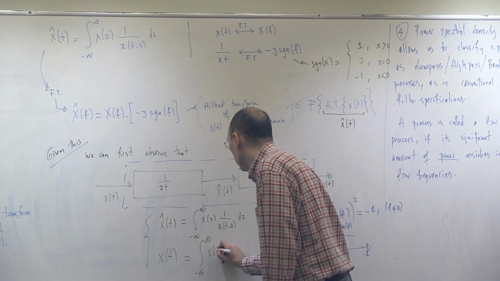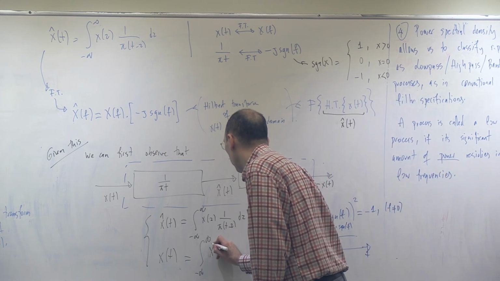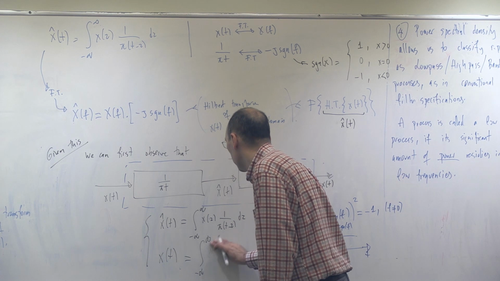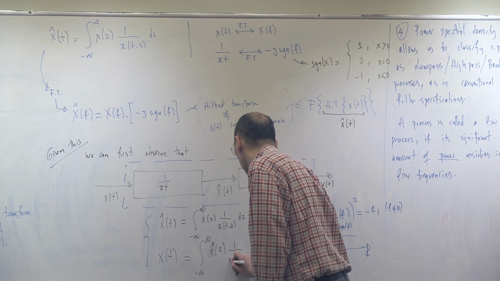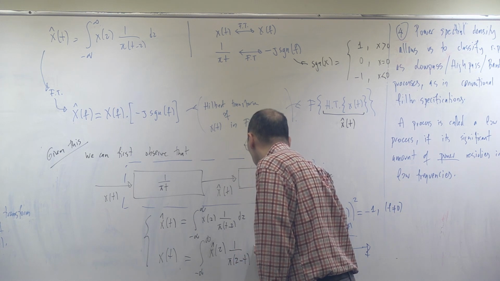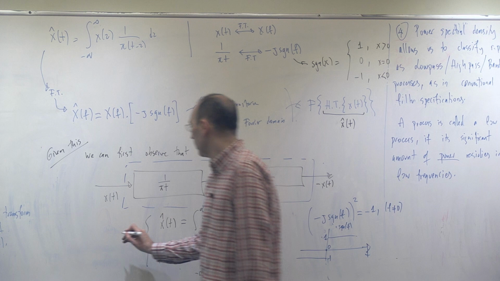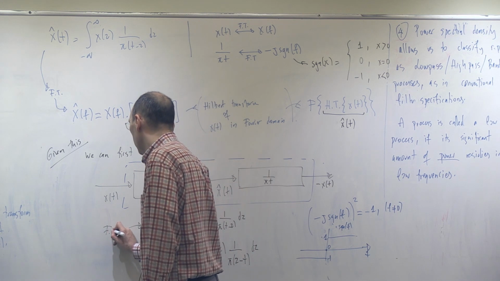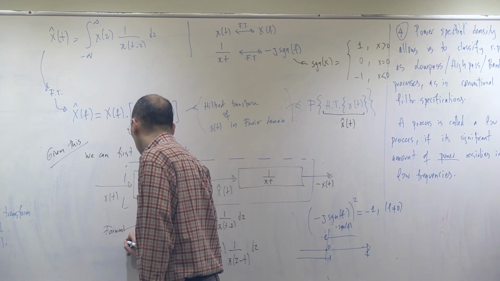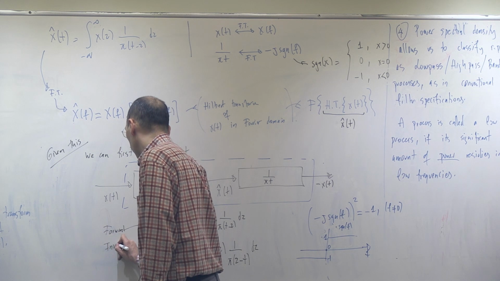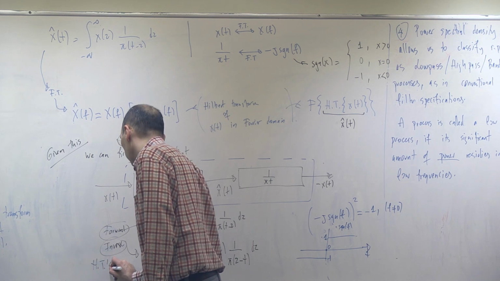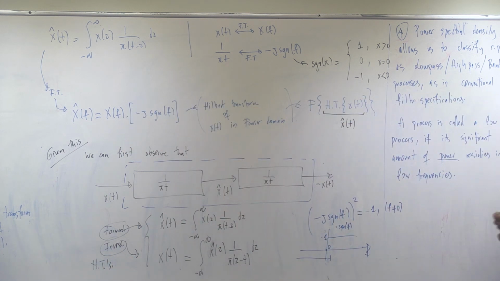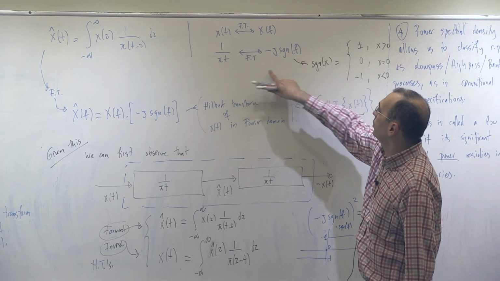So it is almost like the same operation. Let me write it better. What is this? This is the forward and inverse Hilbert transforms. That is it. The only thing I made use of is this Fourier transform relation.